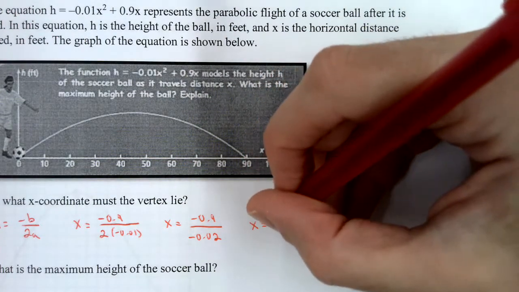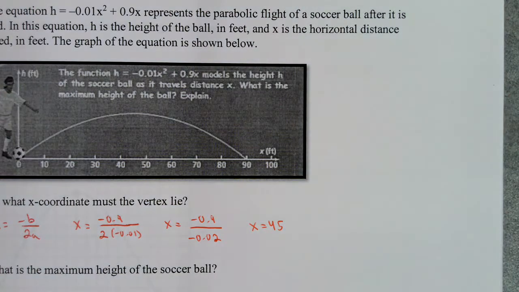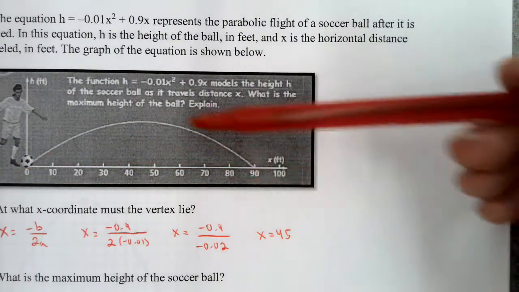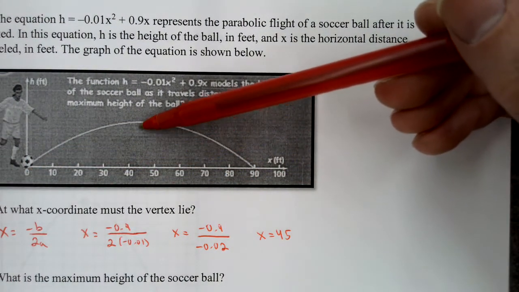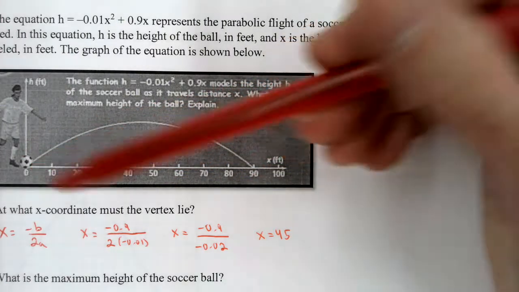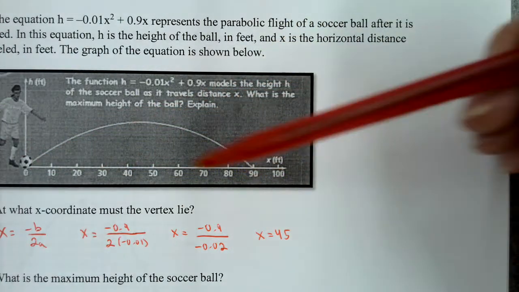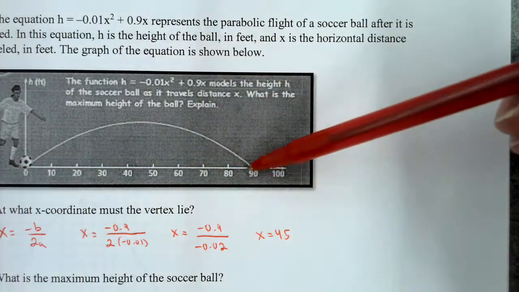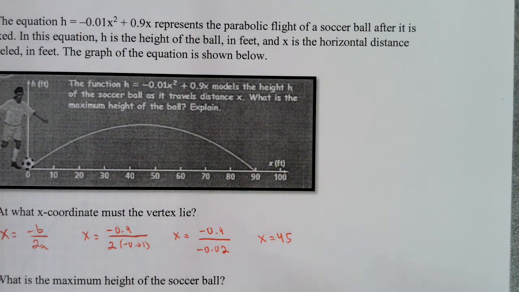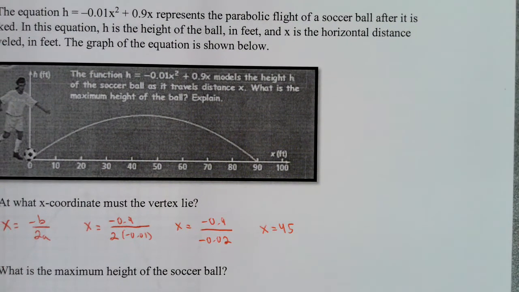Now, put all your answers in complete sentences, please. And also, notice the diagram above. x equals 45 looks like it's right, because it's halfway in between 0 and 90. So you can just look at the graph if you wanted for this one, but I think you should do it out anyway, just to be sure. So the x coordinate of the vertex is 45.